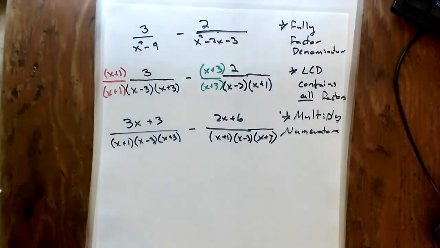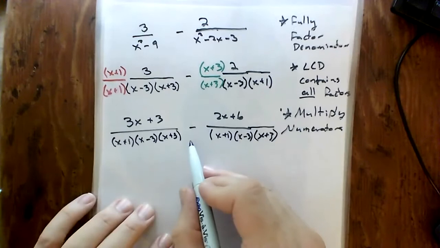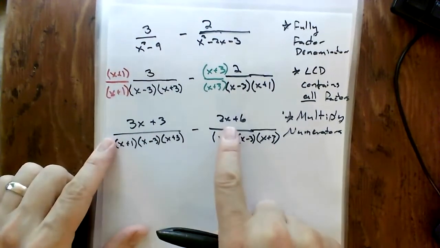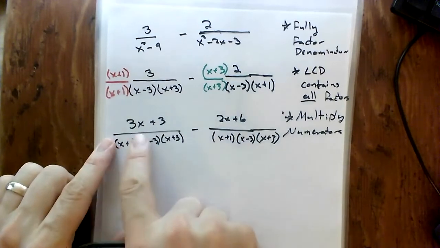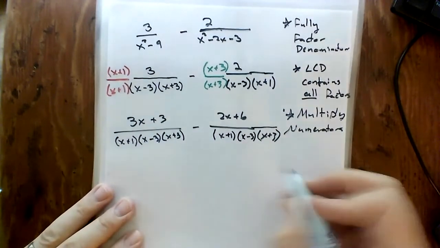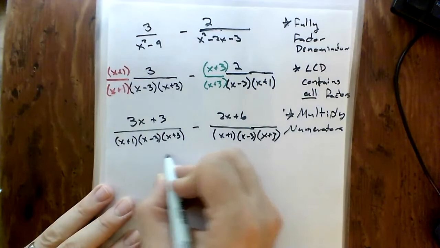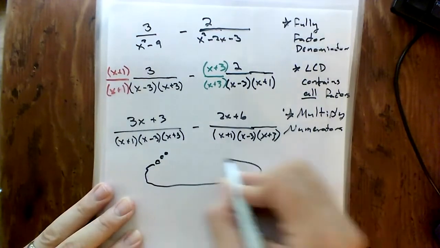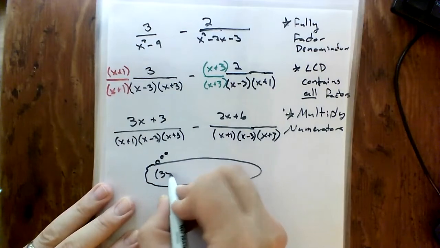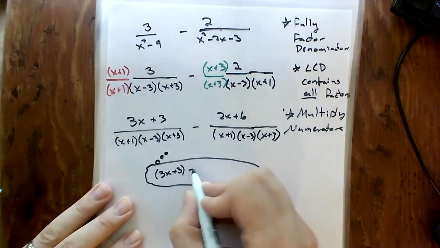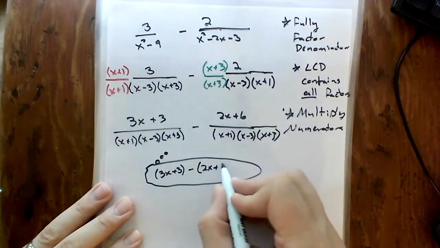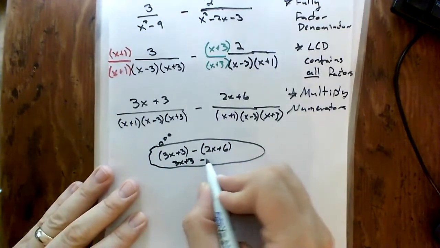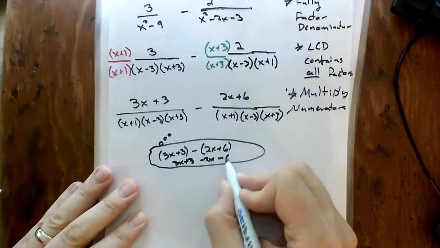One thing that I also want to point out here is this is subtraction. I'm subtracting this 2x plus 6 from this. So when you see what's happening here in my numerator, this is 3x plus 3 minus 2x plus 6. This is going to end up being 3x plus 3 minus 2x minus 6.